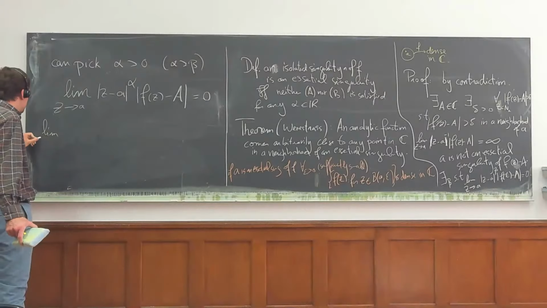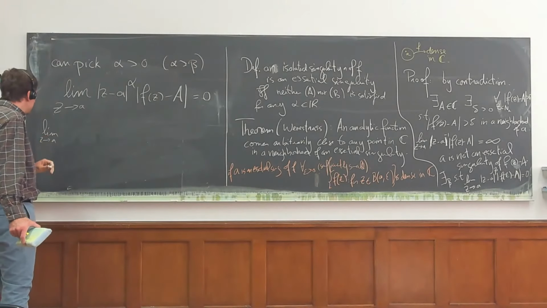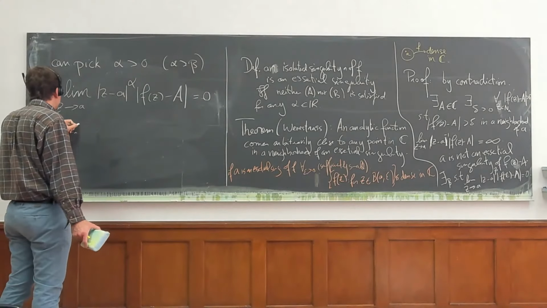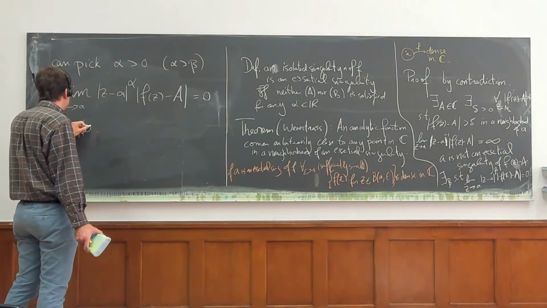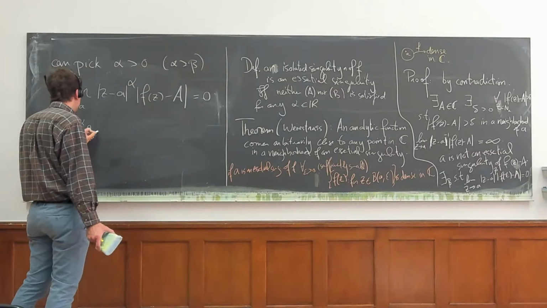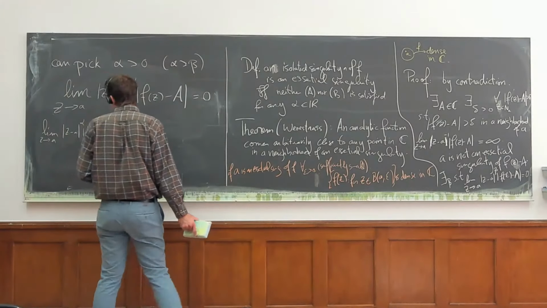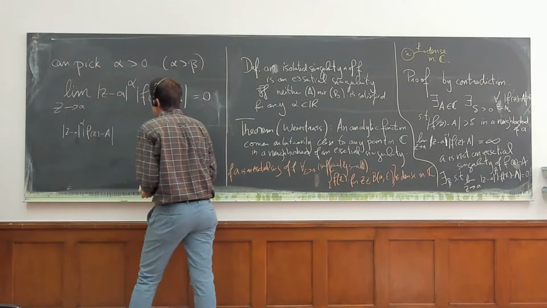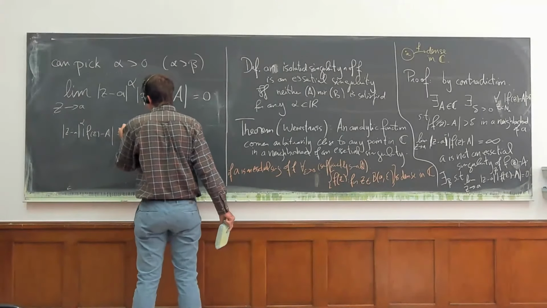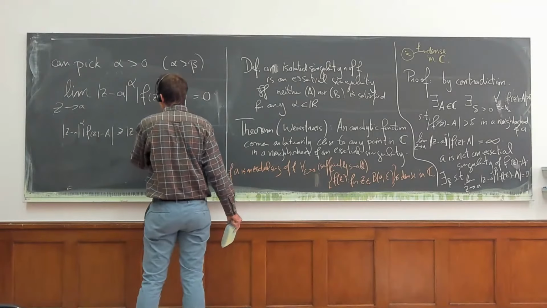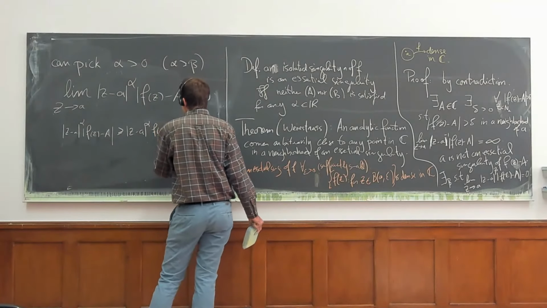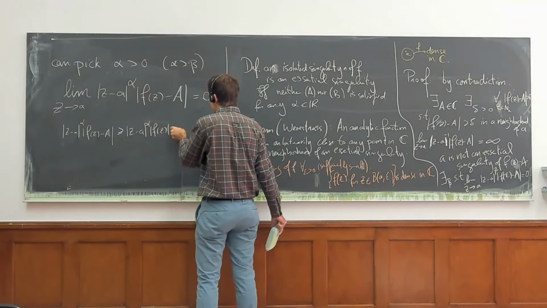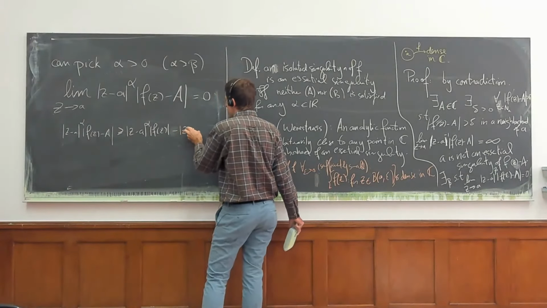I'll just start writing limit, but all the limits are Z goes to A. Or maybe instead of the limit, let me just write the triangle inequality this way: this needs to be bigger or equal than |(Z - A)^alpha f(Z)| plus minus, sorry, just the triangle inequality.